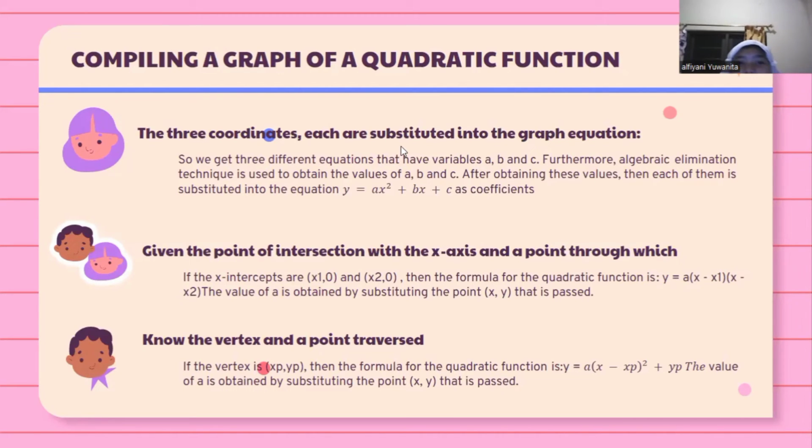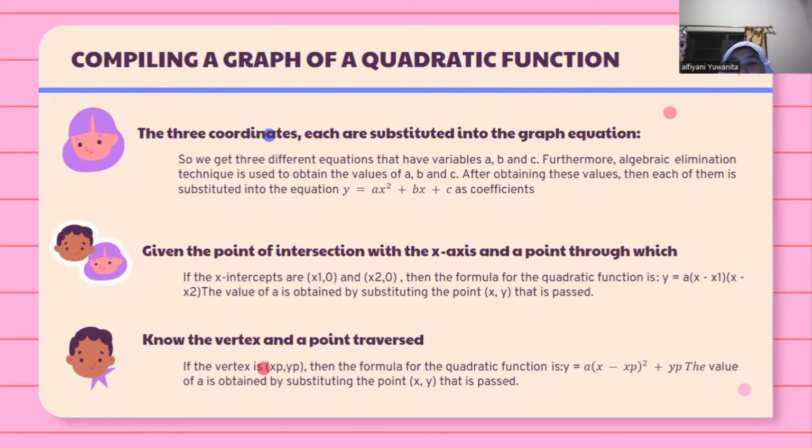Compiling a graph of a quadratic function. Number 1, three coordinates are substituted into the graph equation. So we get three different equations that have variables a, b, and c. Furthermore, the algebraic elimination technique is used to obtain the values of a, b, and c.